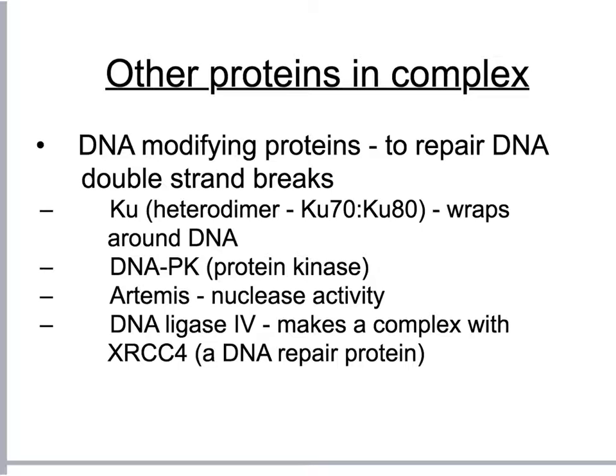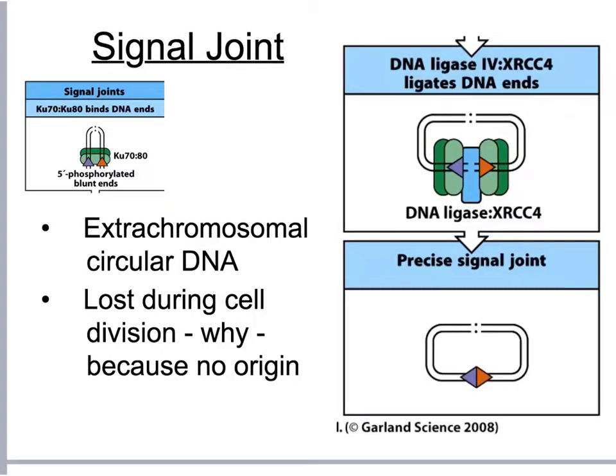You're going to see Artemis has nuclease activity as well. And we're going to use DNA ligase 4 along with XRCC4, and these two are going to help put the DNA back together. So we're going to go through this whole process. RAGs, Ku, okay, no problem there.